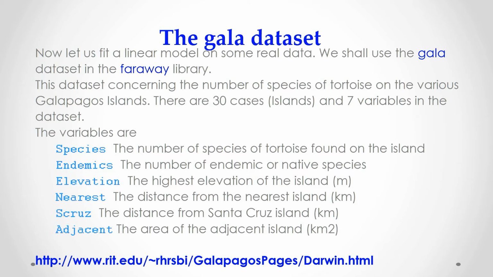As you know, the Galapagos Islands have been very informative for the theory of evolution, and for more information on the implications of this kind of data, you are requested to visit the link which has been mentioned on this page.